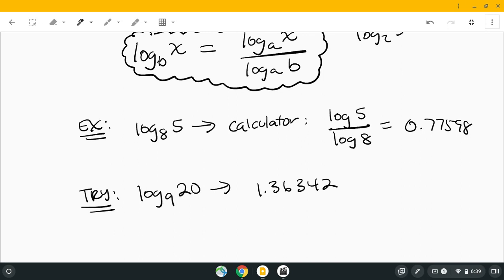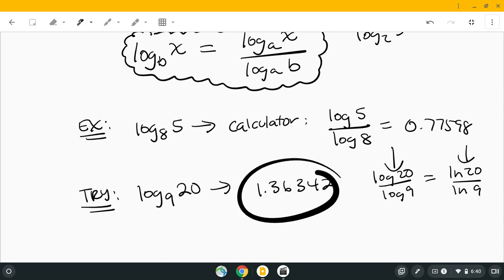You'll see you're going to get the same answer whether you do log 20 over log 9, or natural log 20 over ln 9. Okay, but test it out. Don't trust me. Punch this one in, and then punch this one in, and both times you should get that.